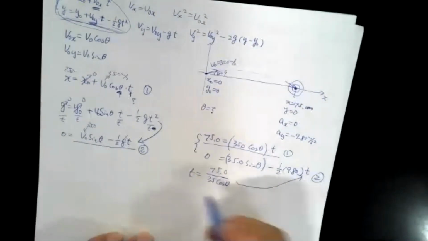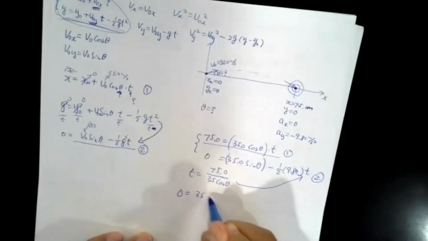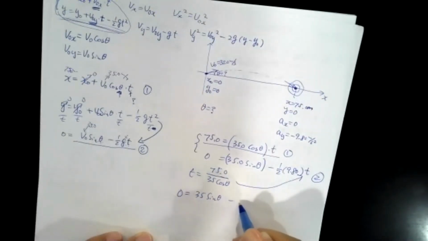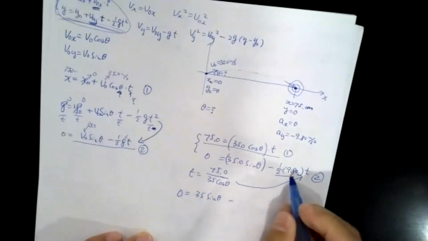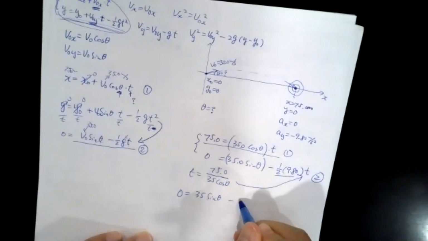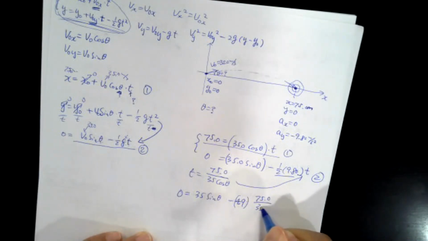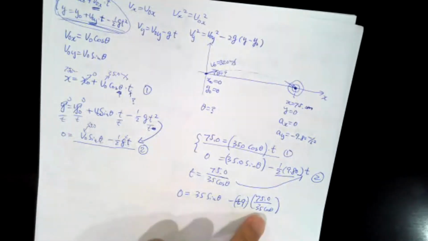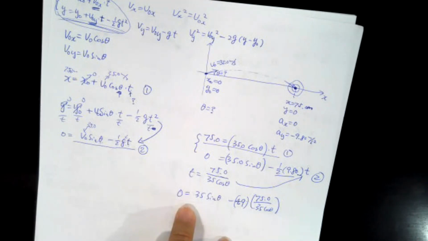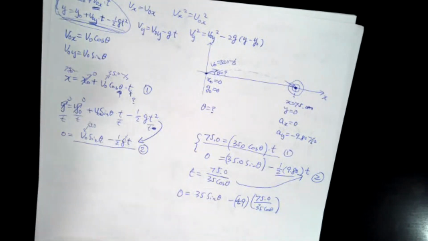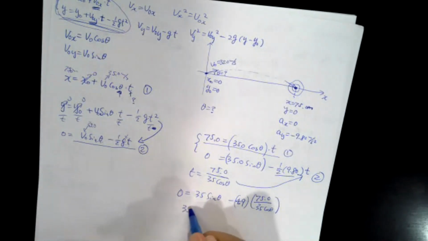So 0 equals 35 sine theta minus, since 1/2 of 9.8 gives me 4.9, 4.9 times 75 over 35 cosine theta, okay? This term minus that term equals 0, so you can set the two terms equal to each other.